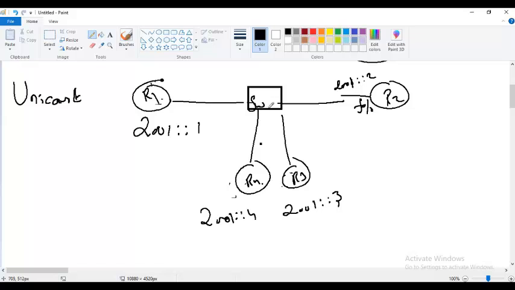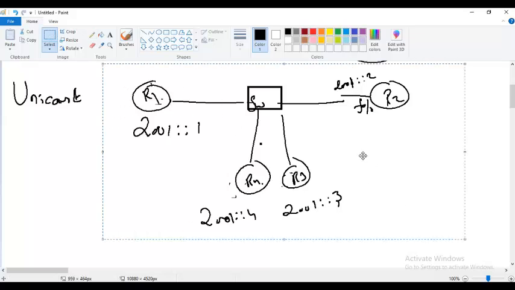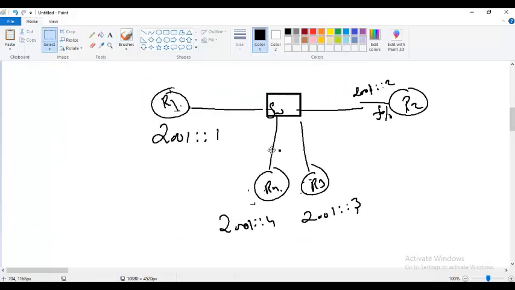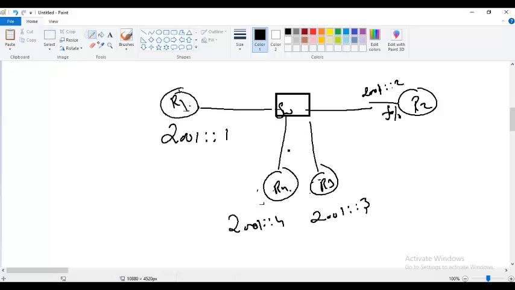Now, traffic is going from one device to another using unicast. But what if I run a protocol like OSPF? If you run a protocol like OSPF, you will definitely see a multicast also involved.